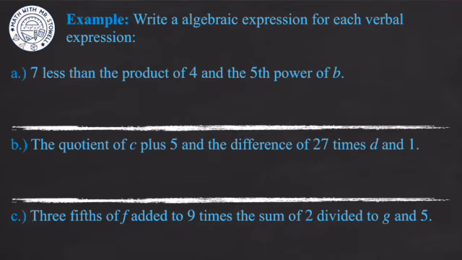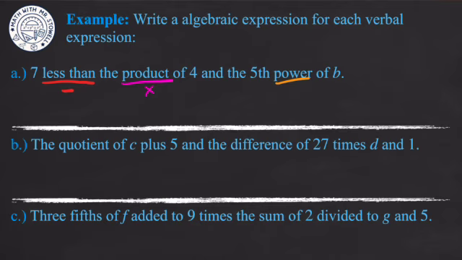So we have 7 less than the product of 4 and the 5th power of b. Okay, so less than is a subtraction. Product is a multiplication. And power is a letter raised to some sort of exponent.